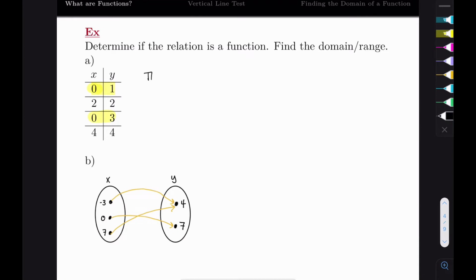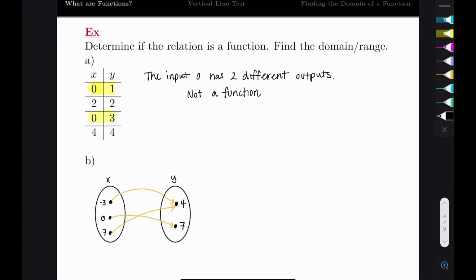So the input 0 has two different outputs. So although it's a relation, this is not a function because I don't satisfy that unique input having a unique output.